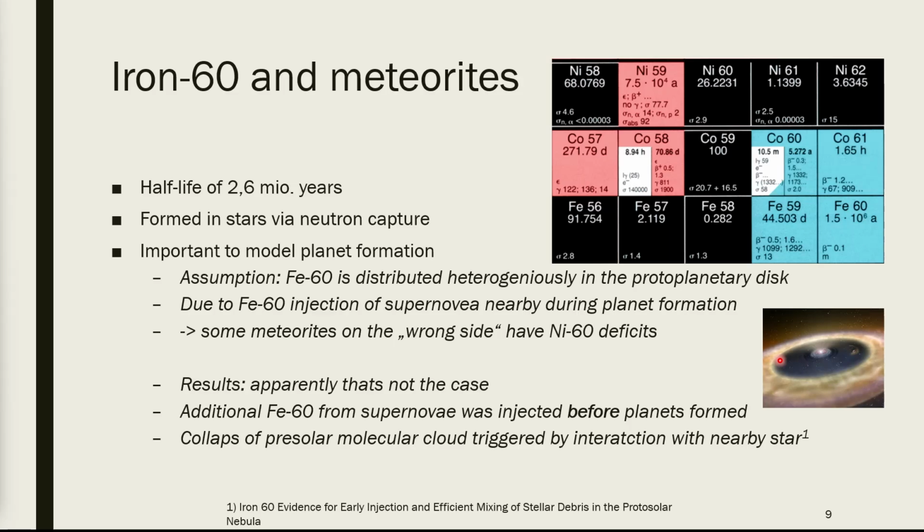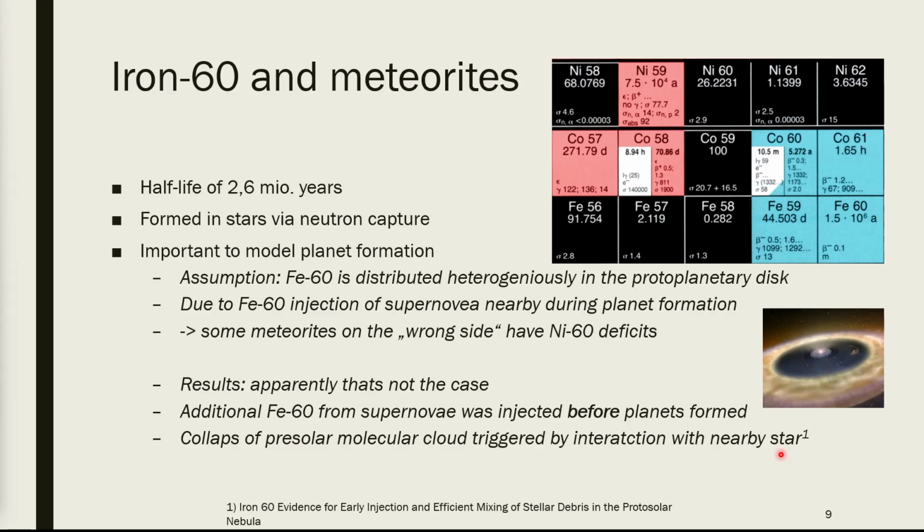This supports another idea, talking about how the protoplanetary disk was formed. This protoplanetary disk was formed from the collapse of a pre-solar molecular cloud. And this could be triggered by the interaction with a nearby star, so with a supernova. So the supernova happened, injected some iron-60, and both of these factors kind of triggered the collapse and the formation of a protoplanetary disk, meaning that the whole protoplanetary disk, since it was formed from the pre-solar molecular cloud, has a homogeneous iron-60 distribution because it just formed, also because iron-60 was injected.